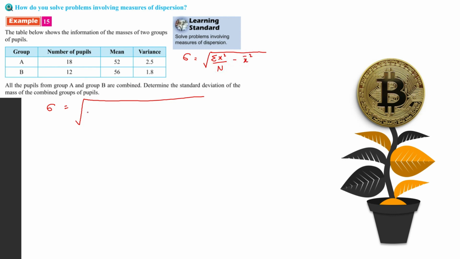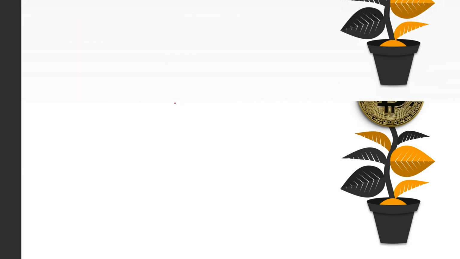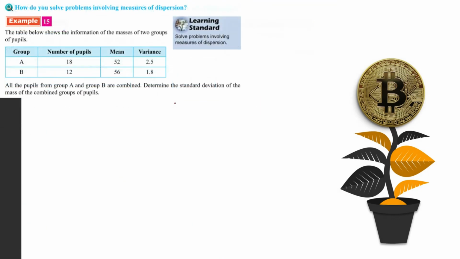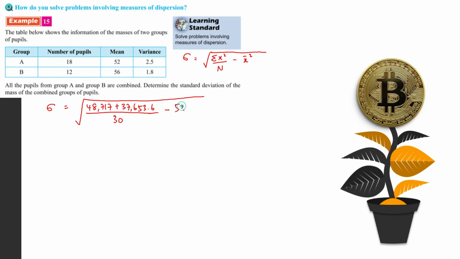So here, for the new one n is 30, and then I minus the mean 53.6, 53.6 square. So you will get the new standard deviation is 2.4617.